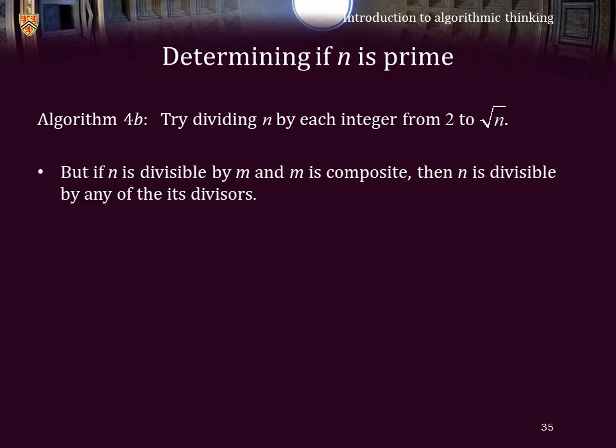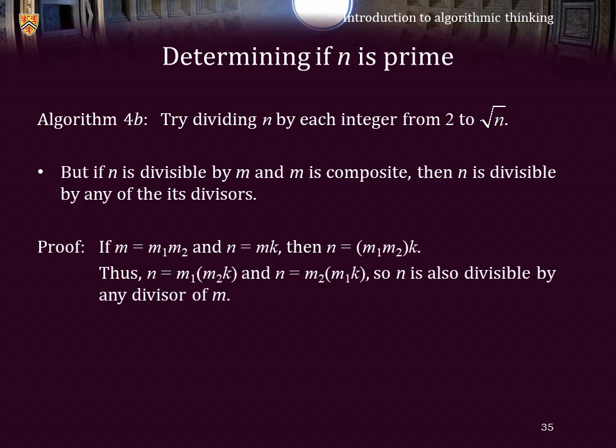But wait a second. If n is divisible by m and m is composite, then n must also be divisible by any of m's divisors. Proof. If m is equal to the product of 2 other numbers, so it's composite, and n is equal to m times k, then n is equal to m1 times m2 times k. Thus, n is also equal to m1 times another integer.